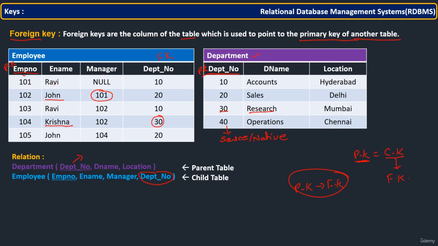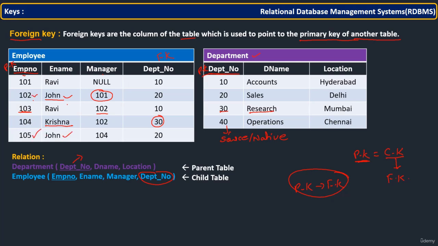Another Ravi. The names are the same, but the persons are different because the employee numbers are different. For this Ravi, who is the manager? One or two, who is actually John. So for Ravi, John is the manager. And for John, who is the manager? Krishna is the manager. Here these two names are repeated, but the persons are different.